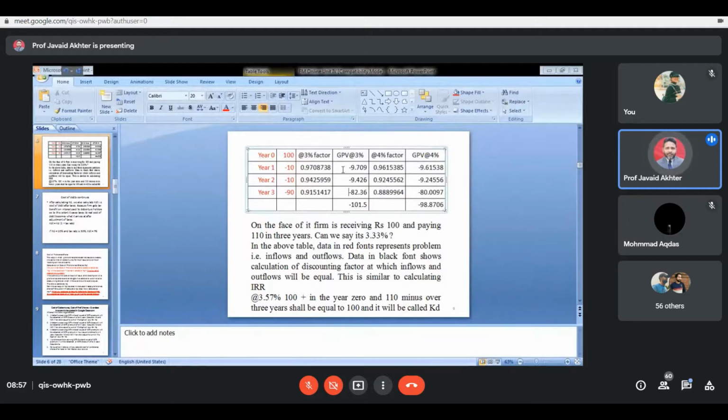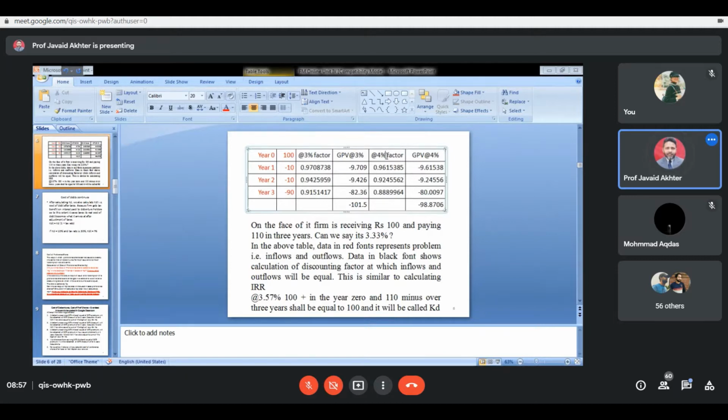Rupees 10 that you are paying after 1 year is not equal to rupees 10. It is 9.71. Another rupees 10 that you are paying after 2 years is equal to 9.43. Rupees 90 which you are paying at the end of third year is not really 90 but 82. In all, how much are you paying? 101, in reality, provided the discounting rate is 3%.